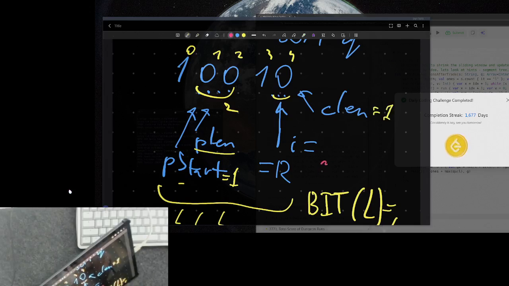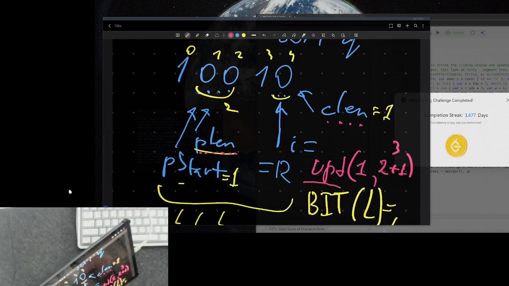We update the binary indexed tree for position p start 1 with the possible conversion from 0 to 1: p len 2 plus current len 1, which is 2 plus 1, equal to 3.